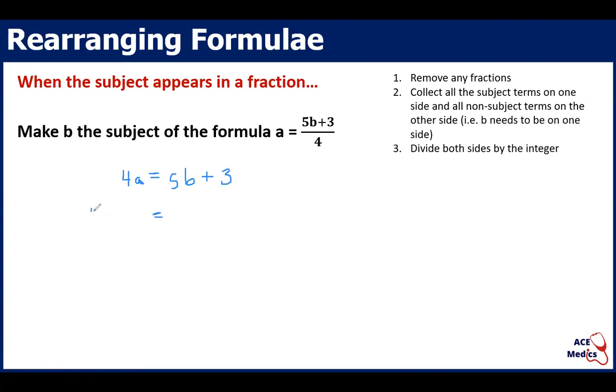So let's do 4a take away 3 on this side equals 5b. And then we can do 4a minus 3 all over 5, and that will get us b by itself. Does that make sense? That one's a bit trickier.